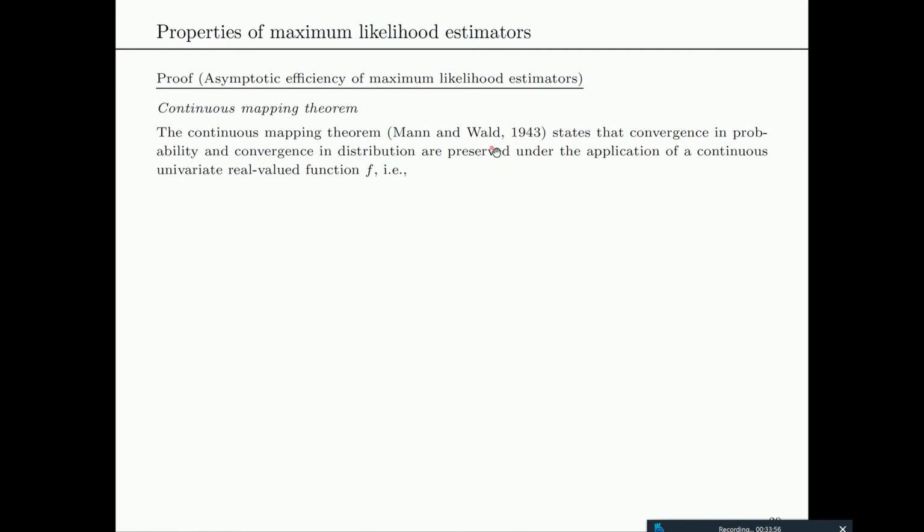It's quite modern. This is by Abraham Wald, and what the continuous mapping theorem says, which of course we don't prove here, is something about the convergence types under functions. So if you have convergence in probability of Xn to X, then if you apply a continuous univariate real-valued function on both sides of the statement, then this also holds.